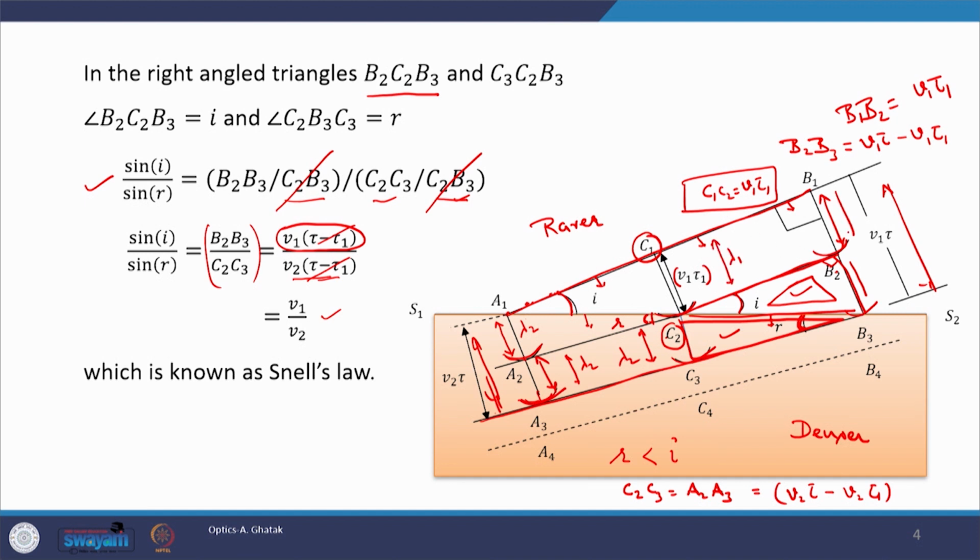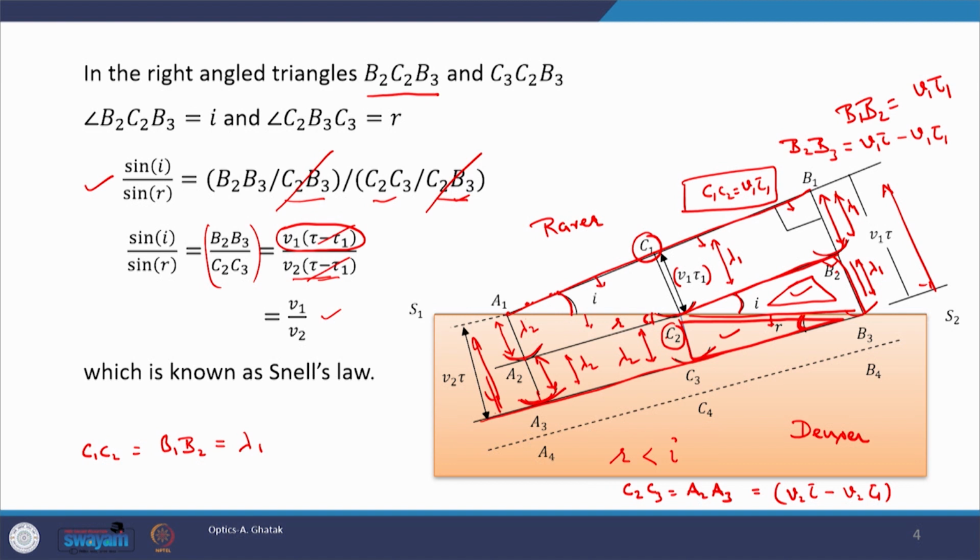This will also be equal to lambda 1 because this is in the first medium. What we can say is that C1C2 is equal to B1B2, which would be equal to lambda 1.